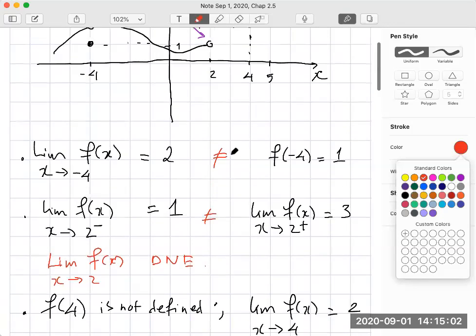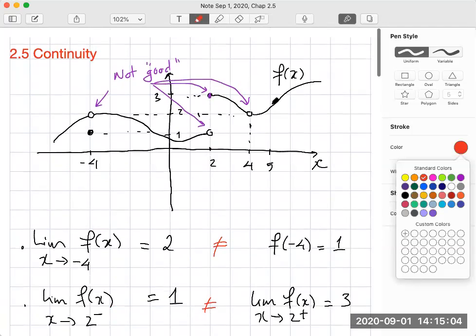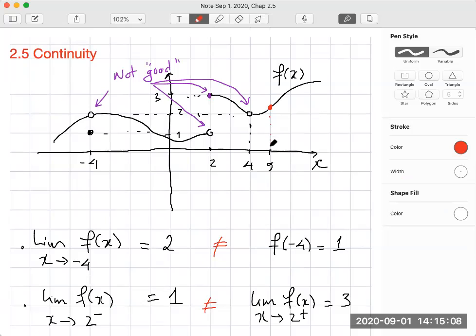But at this point, at 5 here, the limit of the function does exist. It is 2 point something right here in the middle, right? And f of 5 is defined. So we call this point a good point.